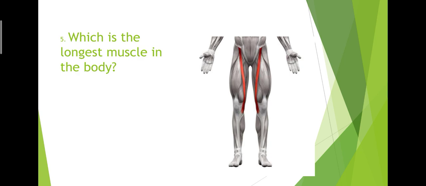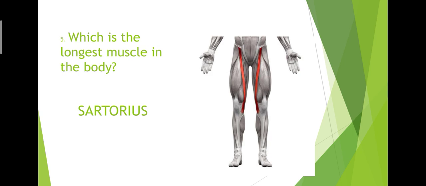Now let's talk about the longest muscle. So children, which is the longest muscle? Yes, children, it is sartorius. Sartorius is the longest muscle in your body. It is a long, thin muscle. You can see it in the picture, shown in red color.